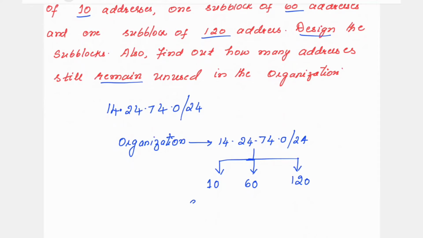So this is subblock 1, which has only 10 addresses, this is subblock 2, which has only 60 addresses, and this is subblock 3, which has 120 IP addresses. The organization block, you call it a block only. So the block is getting divided into 3 subblocks: one with 10, the second with 60, and the third with 120 IP addresses. The question is to design the subblocks.